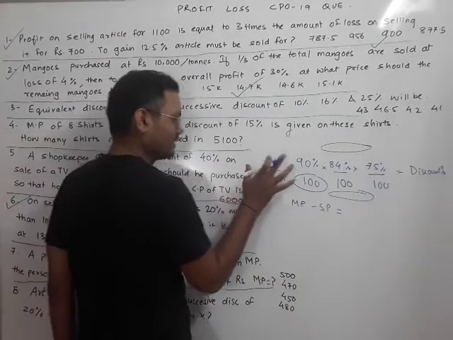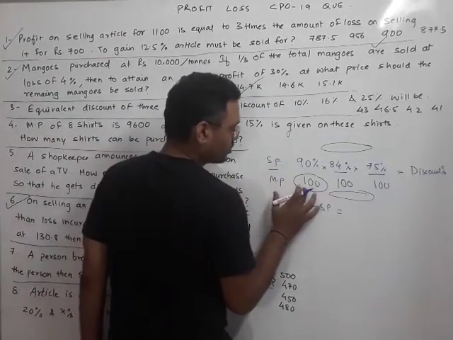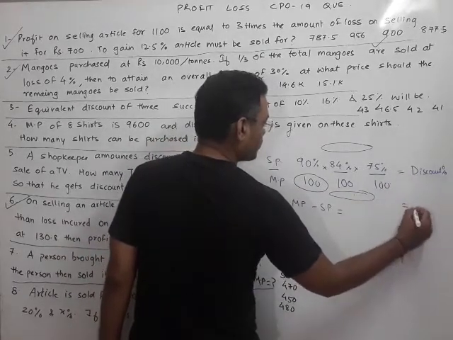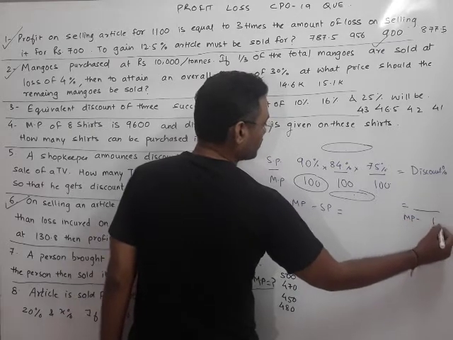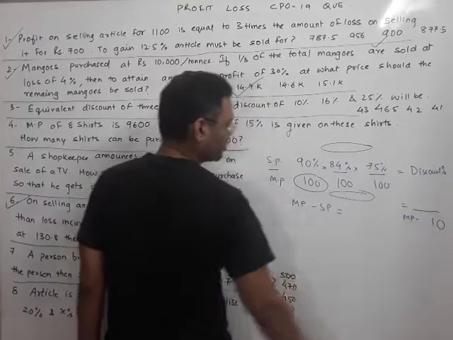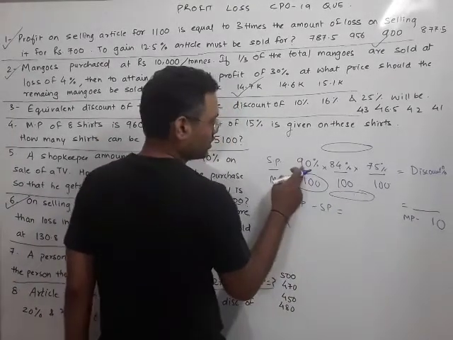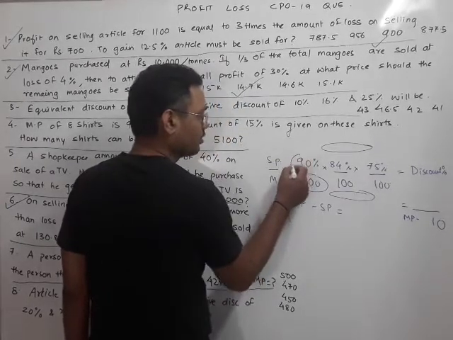Now this sum has to be done through DS. With the help of DS, what is going to be the DS of the denominator, which is the mark price? DS is going to be of 1, or you can call it 10 also, because that is also DS of 1. What is the DS of this? It is going to be 9. Why 9?